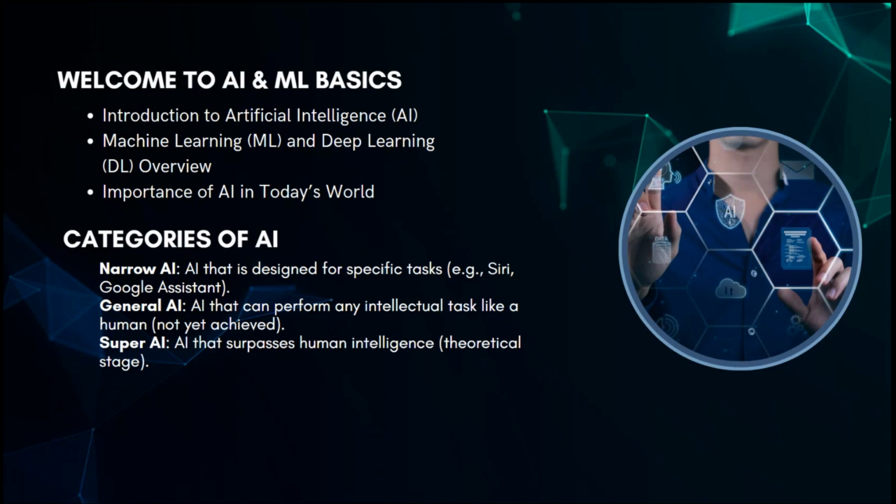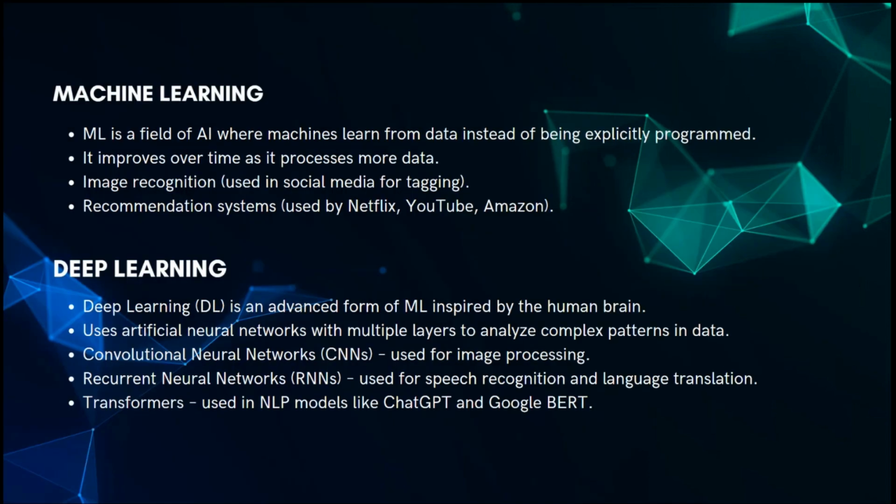Let's move to the next slide on machine learning and deep learning. The difference is that machine learning can learn from particular data sets, like image processing, data tags, and labeling of the data. It learns from the set of data and then generates information. But deep learning acts like a human brain.